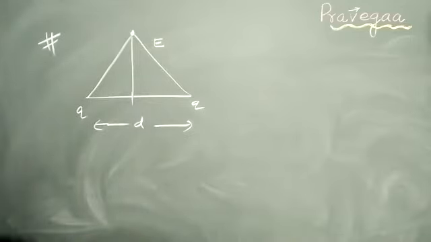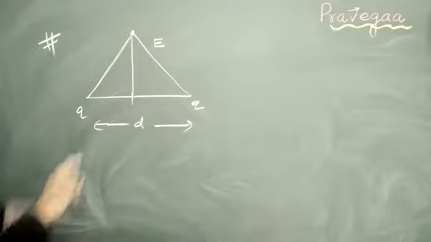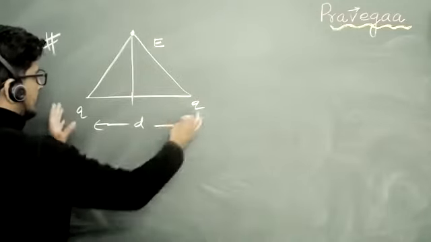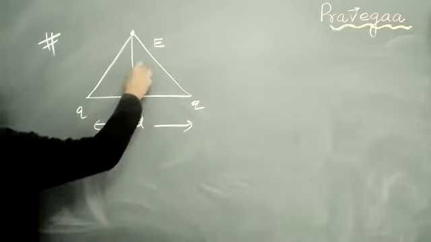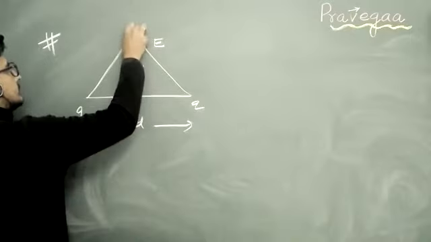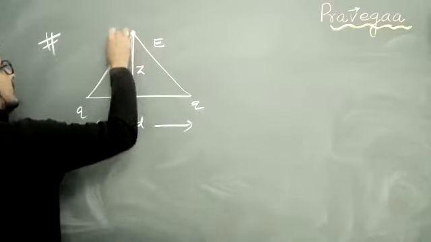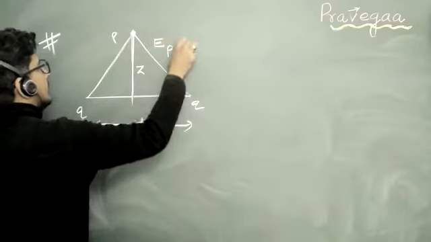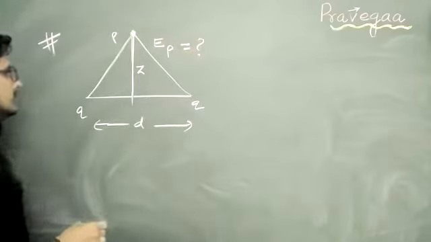So the question is clear. Two charges, d distance apart, and at a distance z there is a point P, and we need EP is equal to question mark. Is this okay?